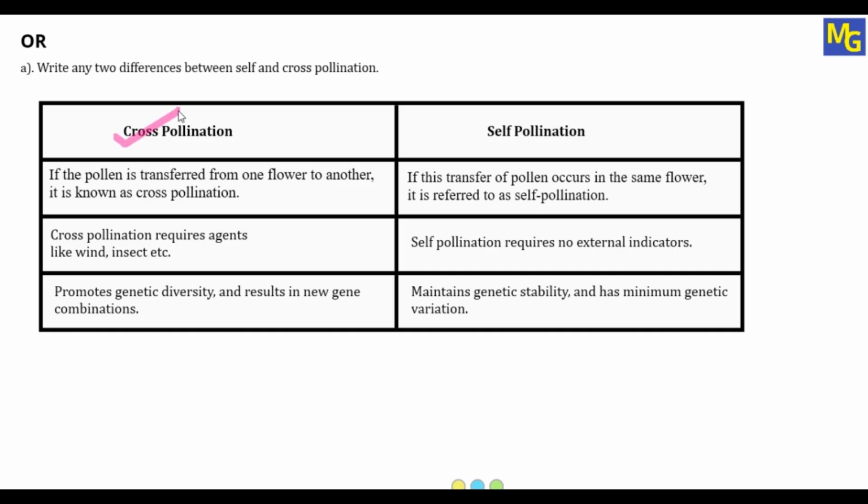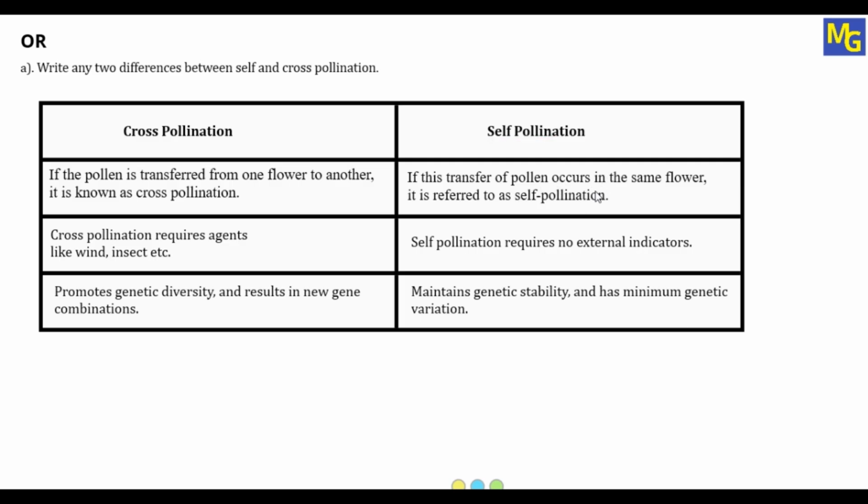Then what is self pollination? Self pollination means the transfer of pollen in the same flower. If in the same flower there are both male and female reproductive organs present, then in the same flower itself, pollen will transfer from anther to the stigma, and it is called self pollination, and this will take place in the case of bisexual flowers.